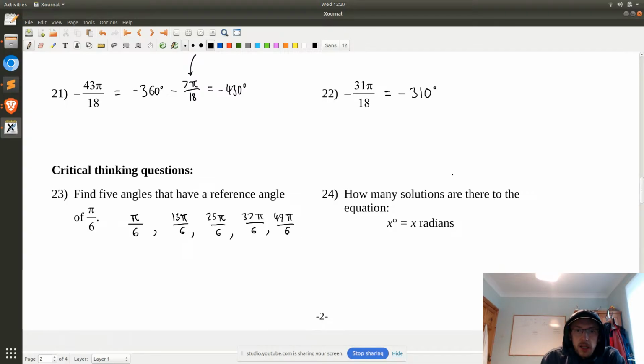There you go. How many solutions are there to the equation x degrees equals x radians? What an interesting conundrum or problem. One.